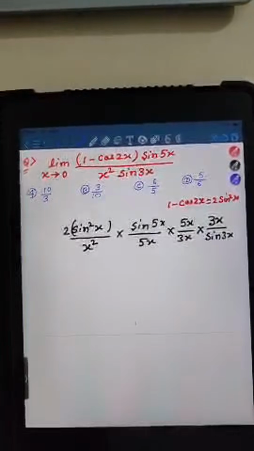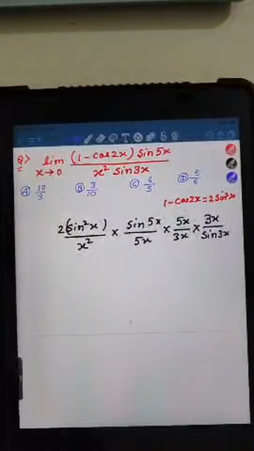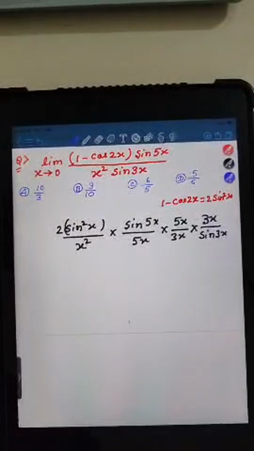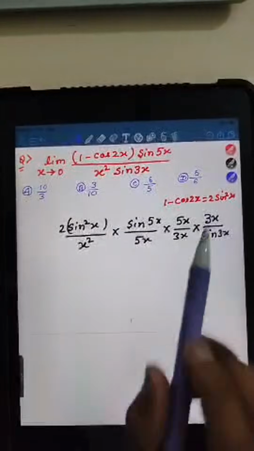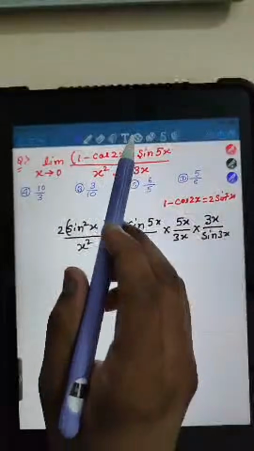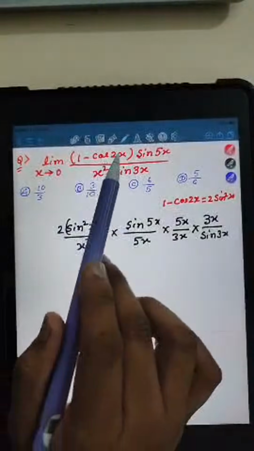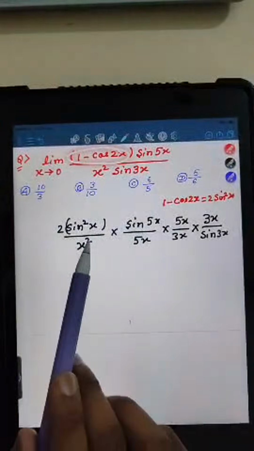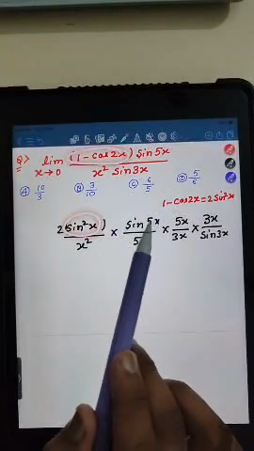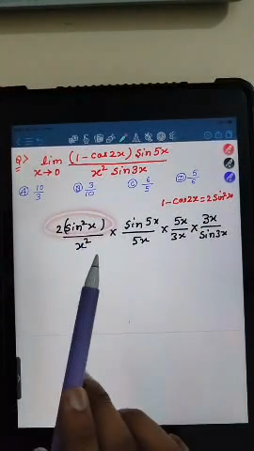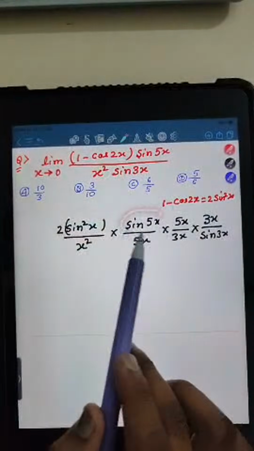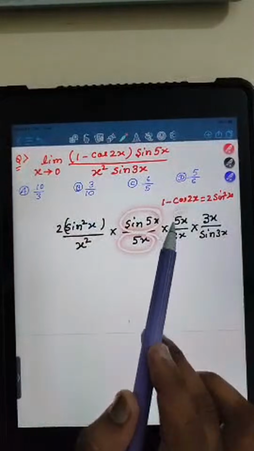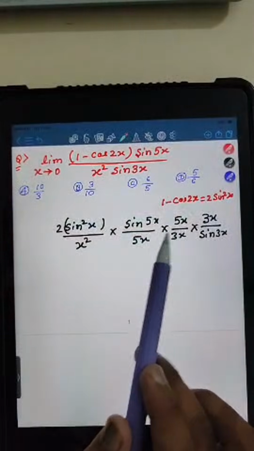We can use the limit as x tends to 0 of sine ax by ax equals 1, then L'Hospital. Yes, you can use that one also. So in this question, what have I done? Instead of 1 minus cos 2x, I have written 2 sine square x, and this x square was there. Then sine 5x, I have multiplied and divided by 5x, in numerator and denominator.